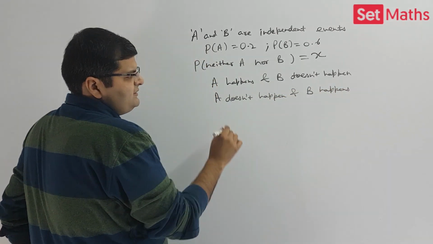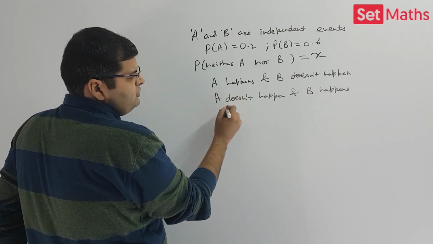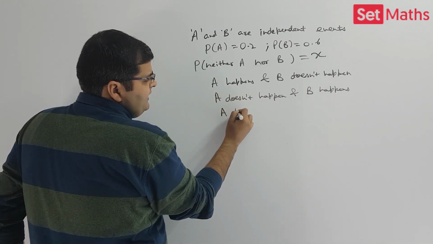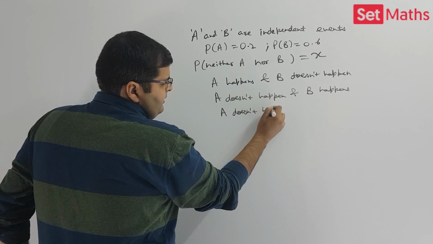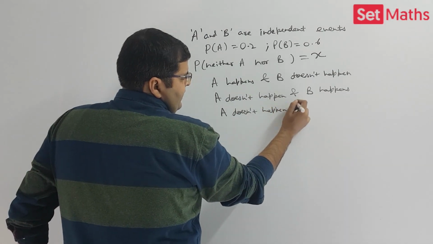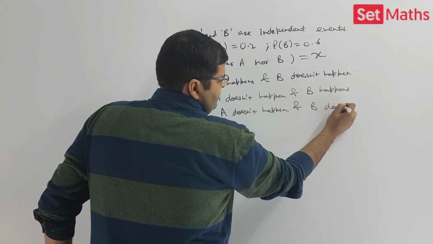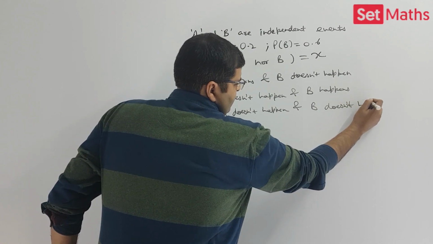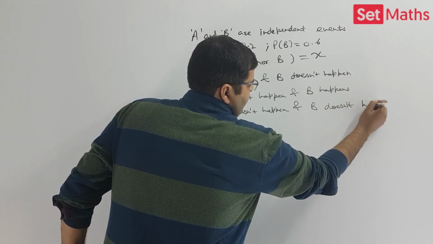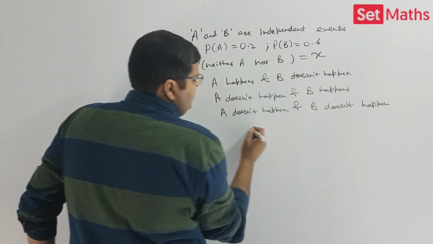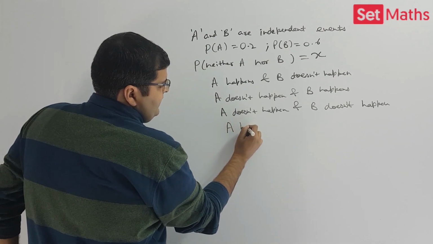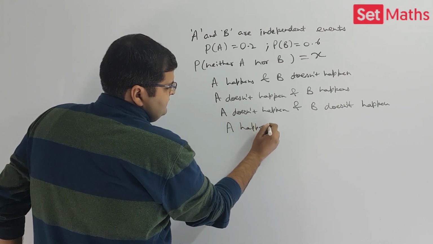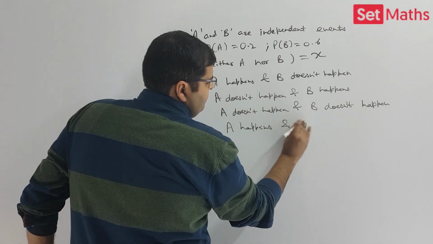Also the third possibility is that A doesn't happen and B doesn't happen. And finally the fourth possibility is A happens and B happens.